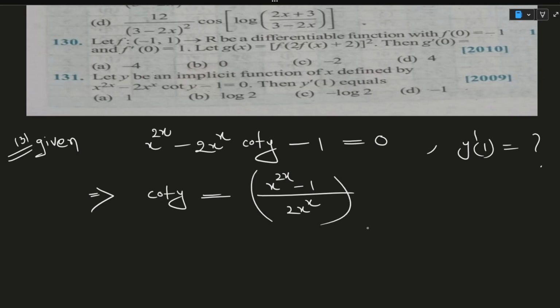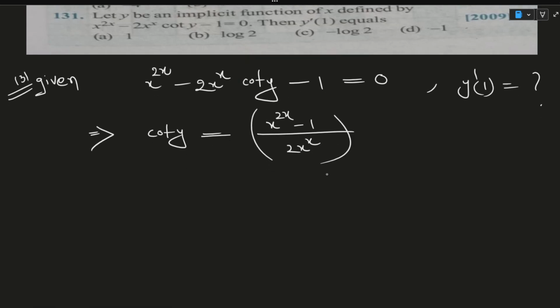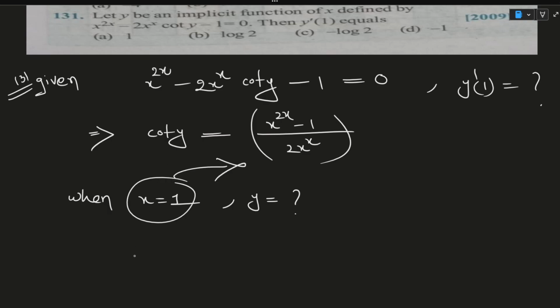Okay, so one thing we have to evaluate is that if we put 1 in place of x, we have to check when x is equal to 1, y equal to what. So we'll just put this here and check.